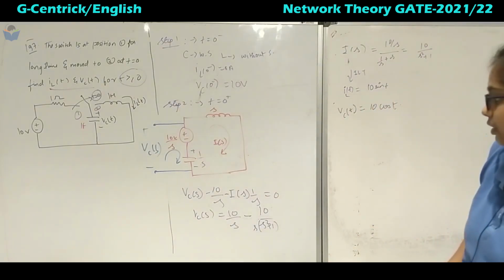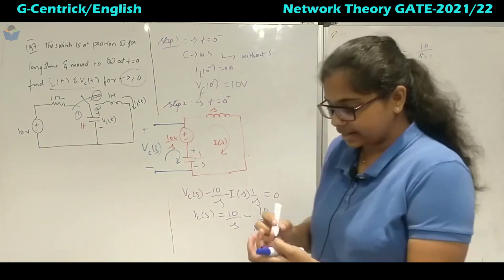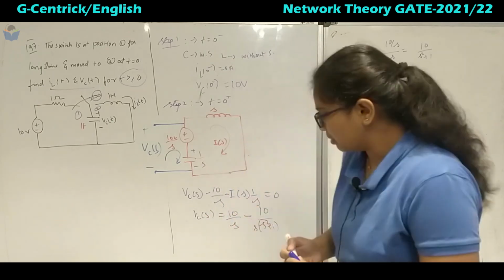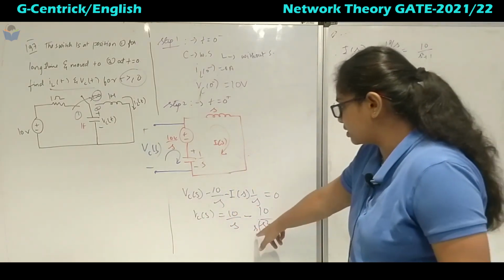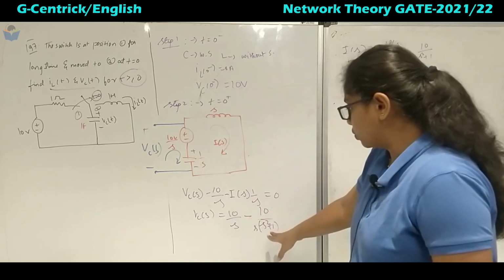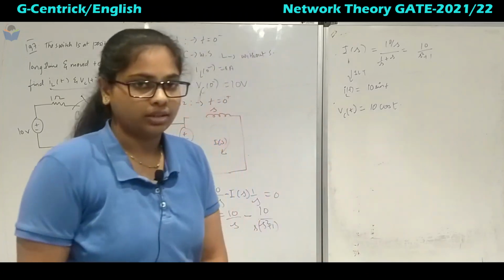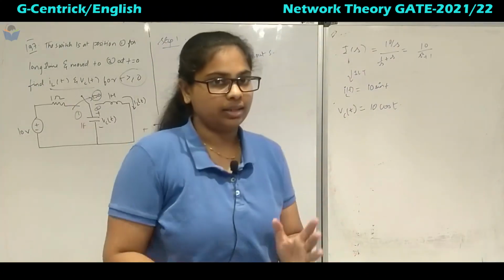So this is the transient analysis problem. You can easily simplify this one, take the LCM and simplify it, the S will get cancelled. You can take the inverse Laplace transform and you will get 10 cos t. So this is the end of the transient analysis.